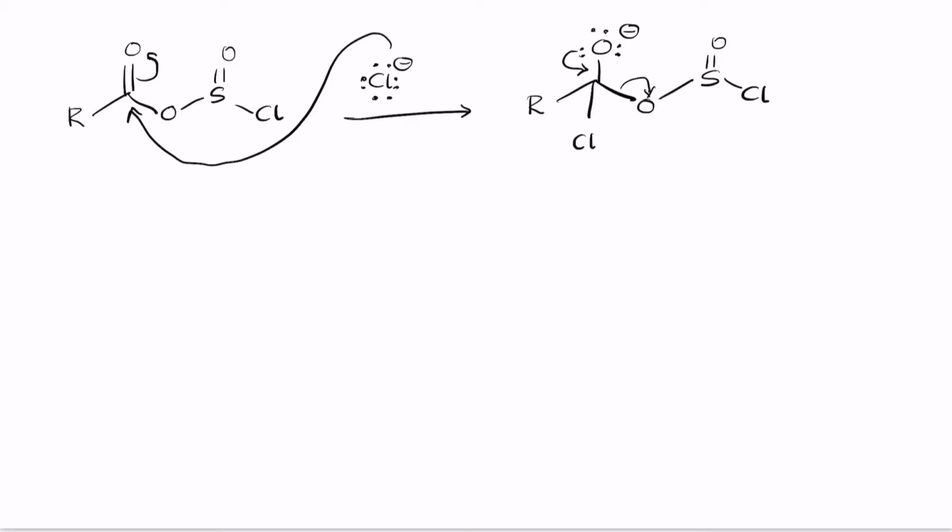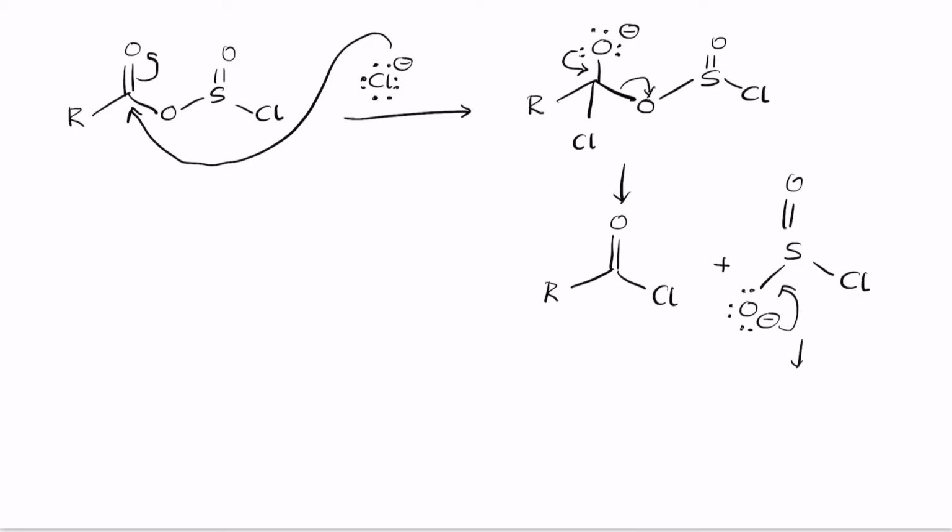This results in a structure where you have R-C(=O)Cl plus S(=O) with O minus and Cl. What will happen again? This goes back here and creates SO2 plus Cl minus, because the sulfur donates its electrons to chlorine and chlorine moves out, creating sulfur dioxide and chloride.